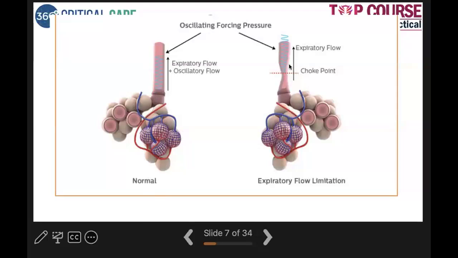But because of the choke points created in COPD, the alveolar pressure is going to be high because of dynamic hyperinflation or auto PEEP, and the expiratory flow is going to get limited and is not going to follow an oscillatory flow.